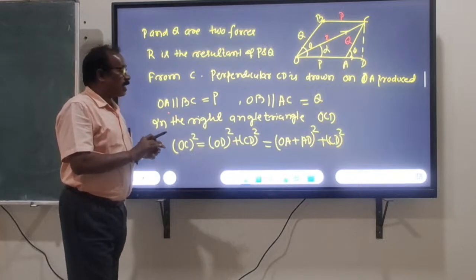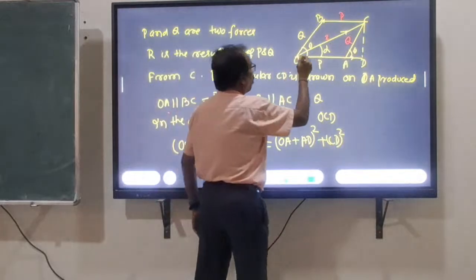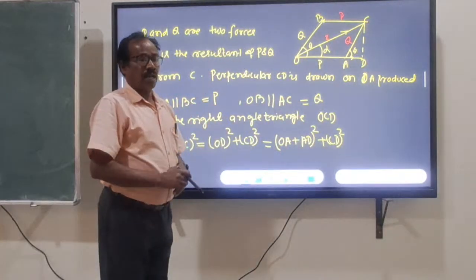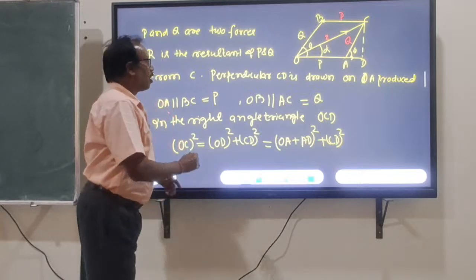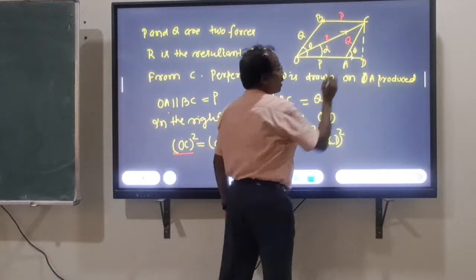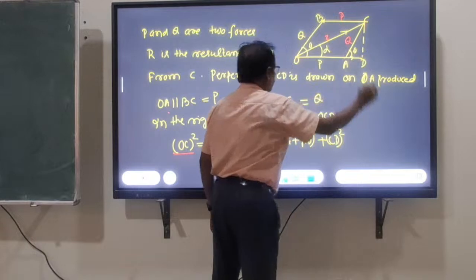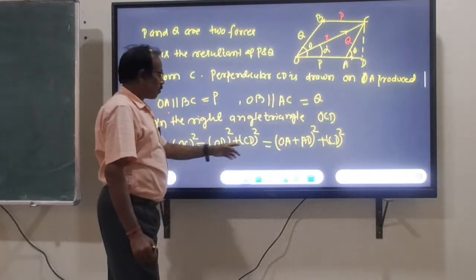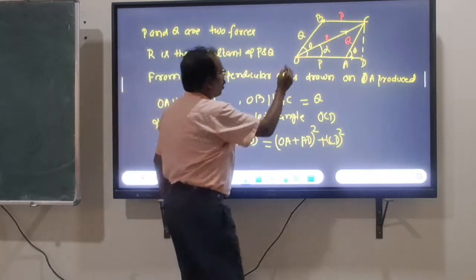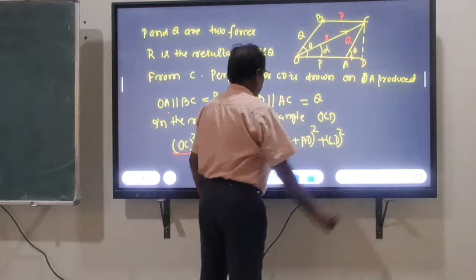In the right angle triangle OCD, OCD is a right angle triangle. Therefore, OC square is equal to OD square plus CD square. You know that OD is equal to OA plus AD.